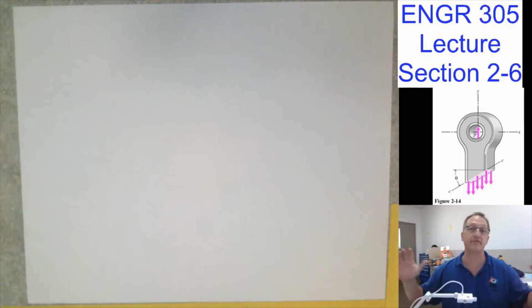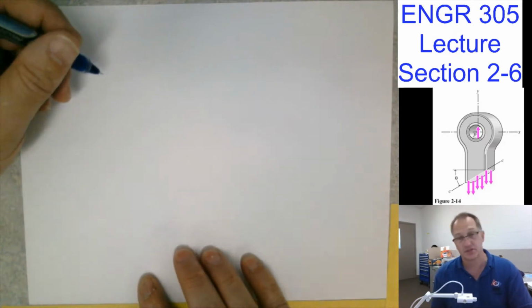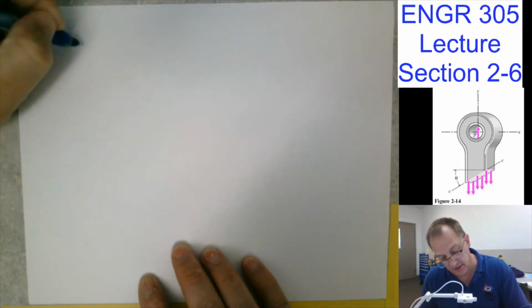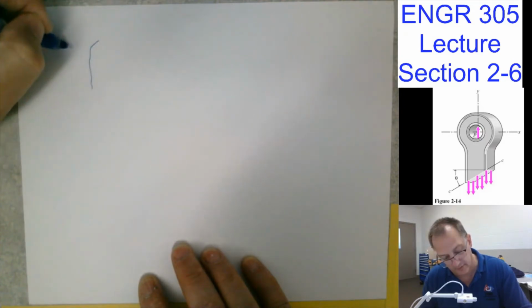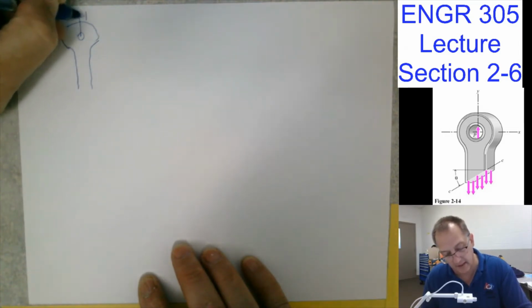All right, so let's start working on this derivation. We're going to derive these equations. What we're doing is we're starting with this section. So we're going to take this dog bone. It's not quite a dog bone with an eye in it, but you get it.